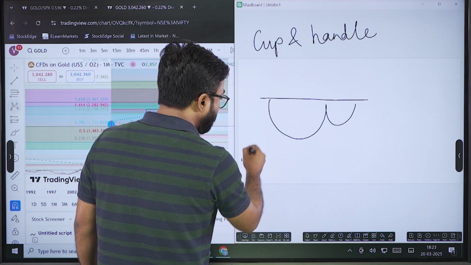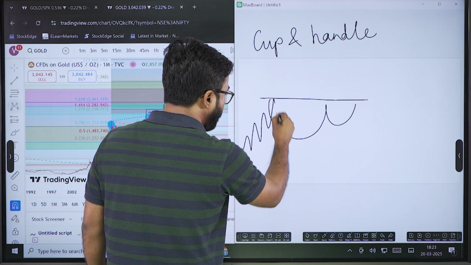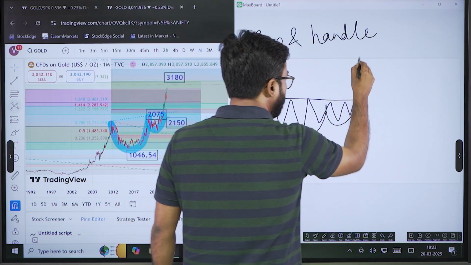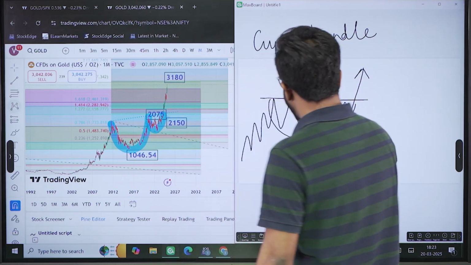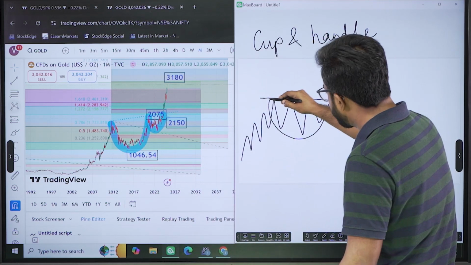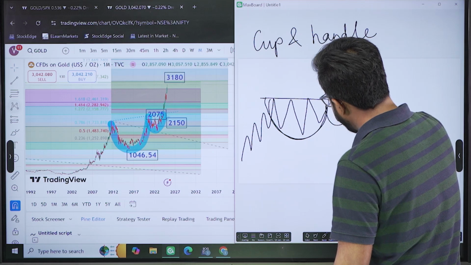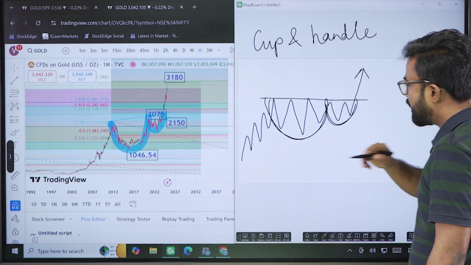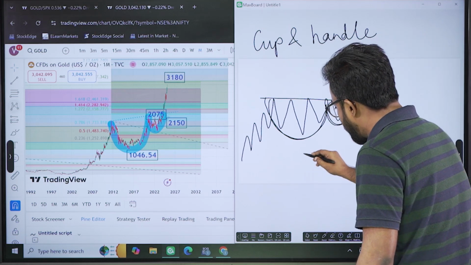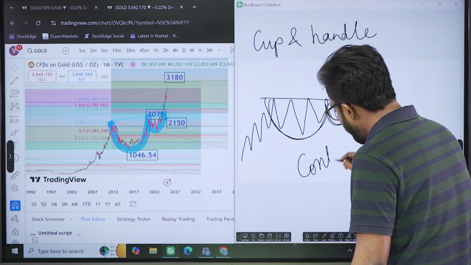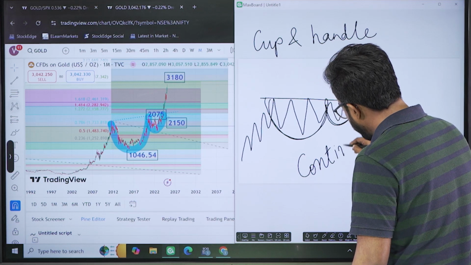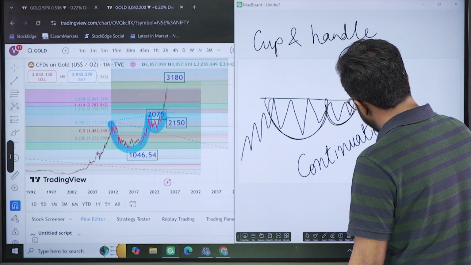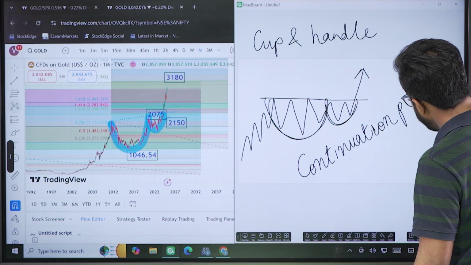And if you want the price action also over here, so ideally this portion looks like the cup and this portion looks like the handle, and it is also termed as continuation pattern.